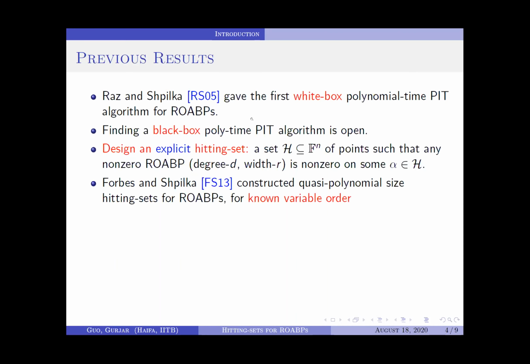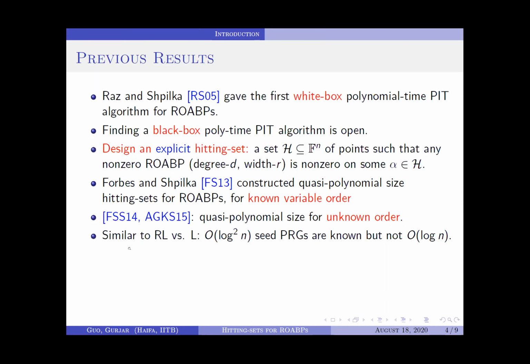Although it's open to find a polynomial size explicit hitting set for ROABP, Forbes and Shpilka showed how to construct quasi-polynomial size hitting sets for ROABPs in the case that the variable order is known, and the size of their hitting set is n to the log n. This was later extended to the case that the variable order is unknown.